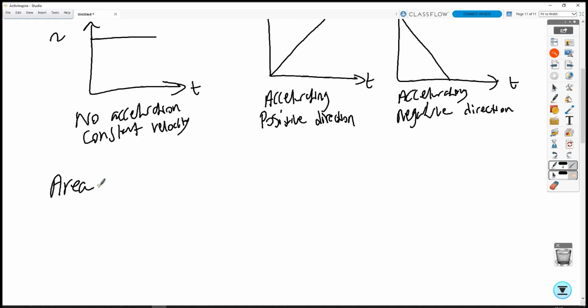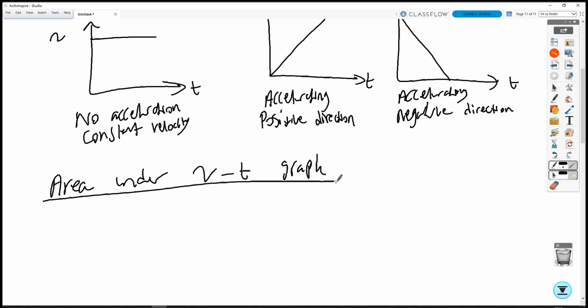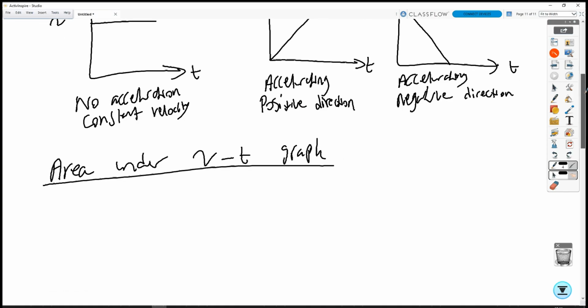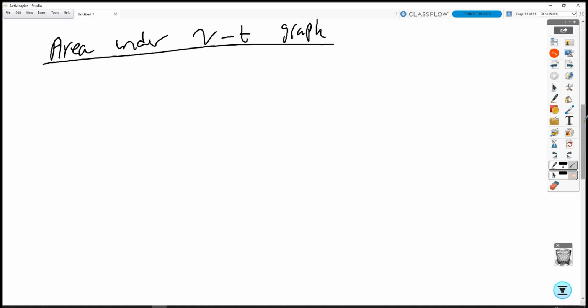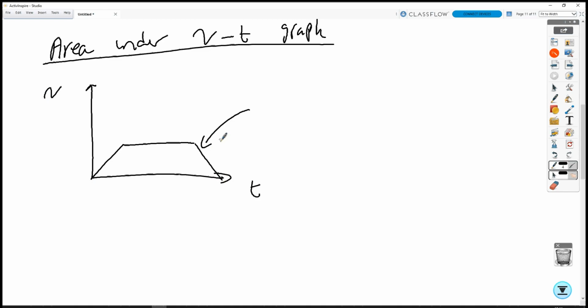Next, we'll look at the area under a VT graph. So the area underneath this is equal to displacement.